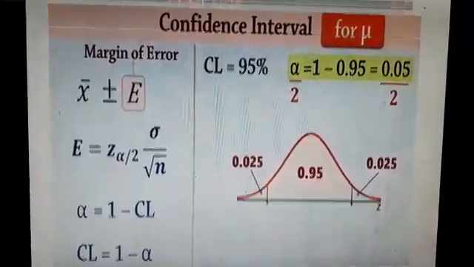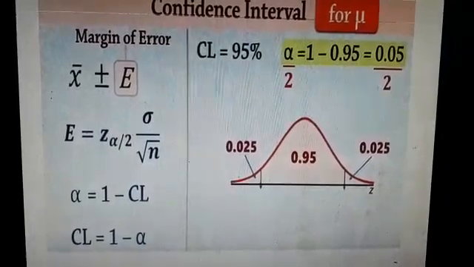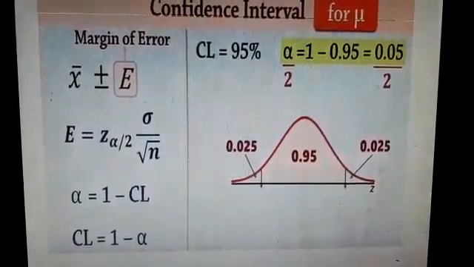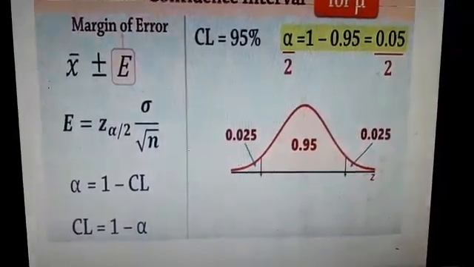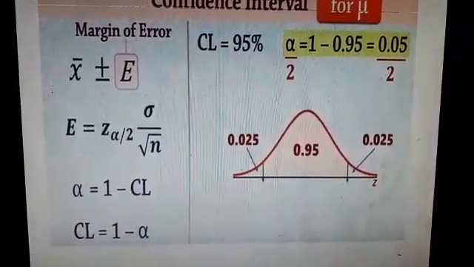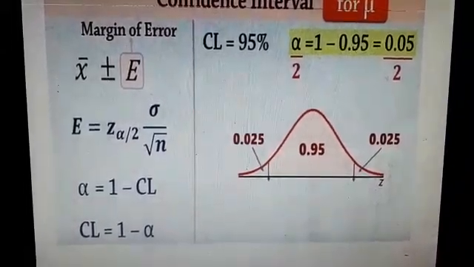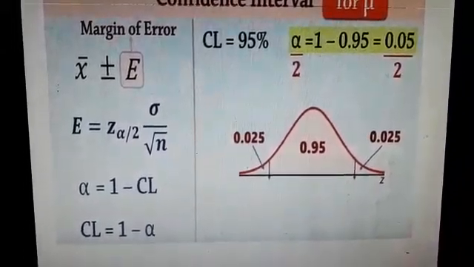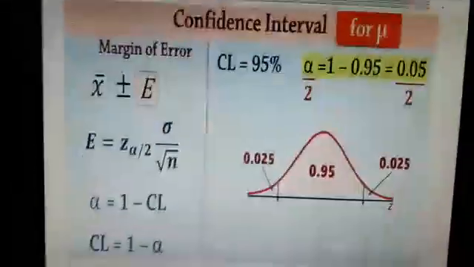Suppose our confidence level is 95%, then alpha is 1 minus 0.95, which is 0.05, and this alpha is split on the two sides, so alpha by 2 is 0.05 by 2, which comes to 0.025, and the total area is 1.